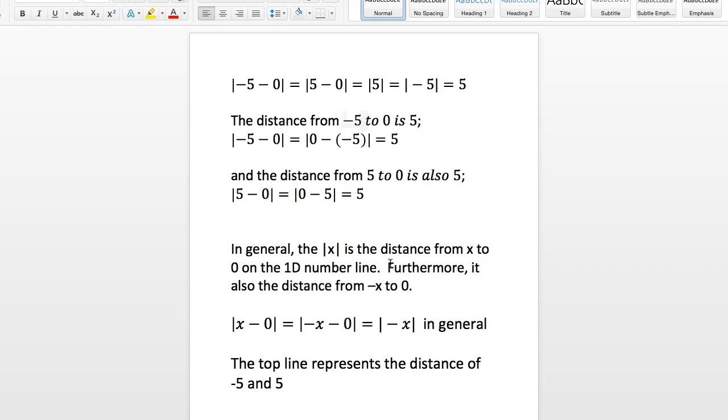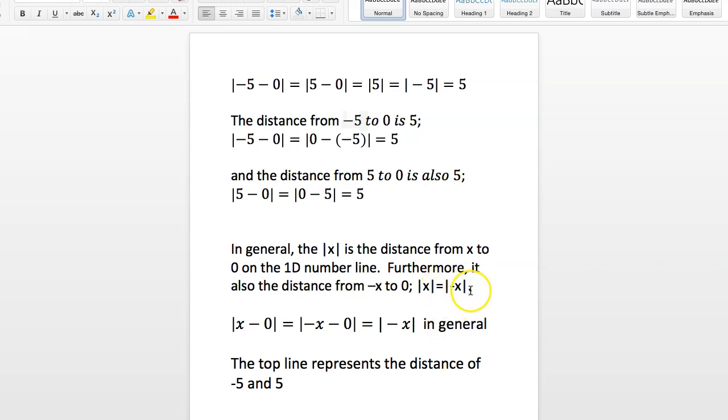Because after all, absolute x equals absolute negative x. And I wish I'd made my minus sign a little bit bigger in here, but I trust that you guys can see the minus sign that's in the absolute value in blue right here.